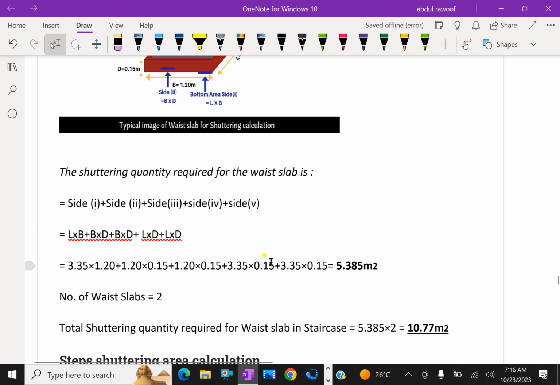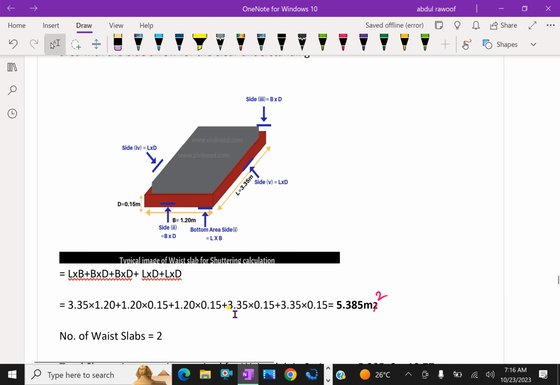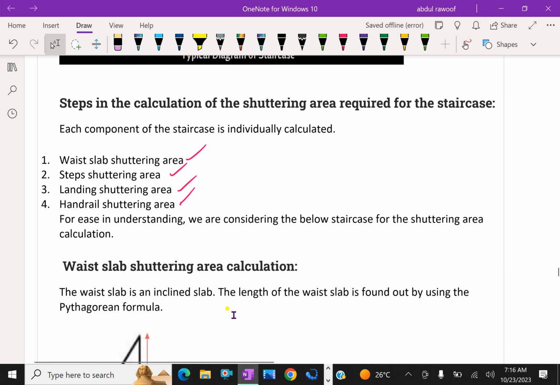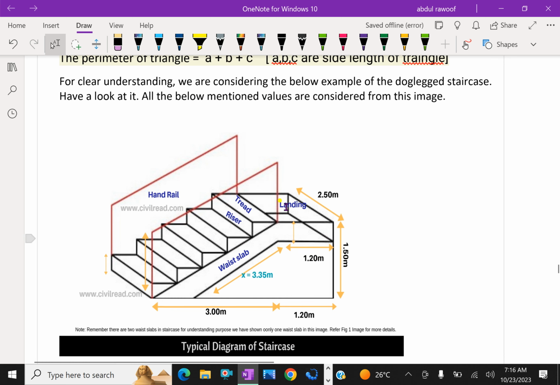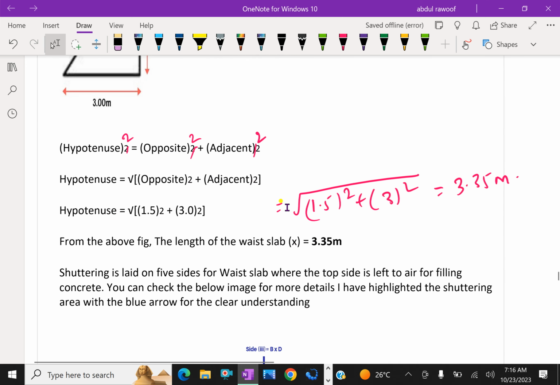Here length and depth, another length and depth. Totally 5 areas. Adding together, it gives 5.385 meters square. Number of raised slabs is 2, because we go one direction to the landing and return and go further in the opposite direction. So the number of raised slabs is 2.